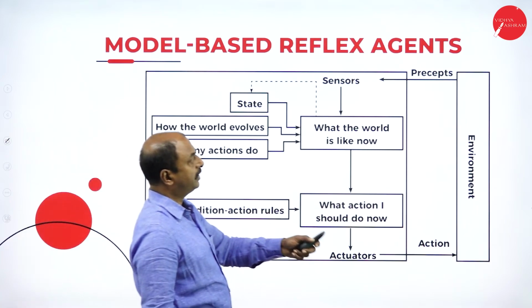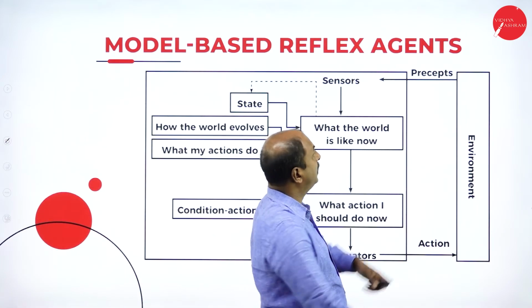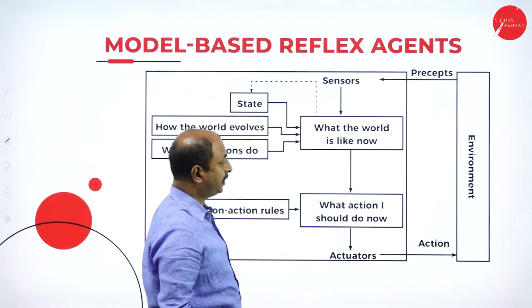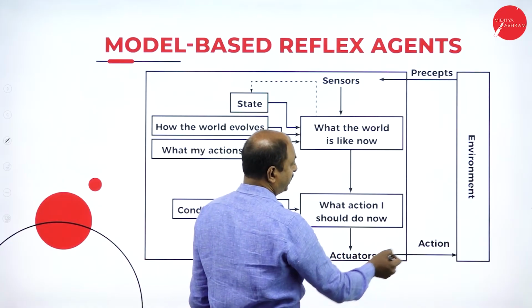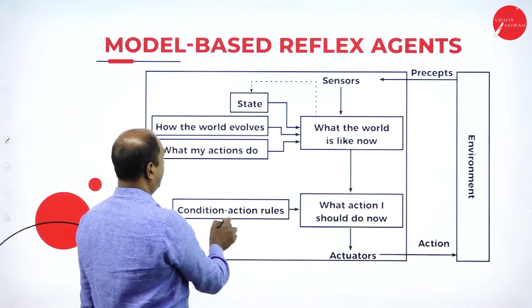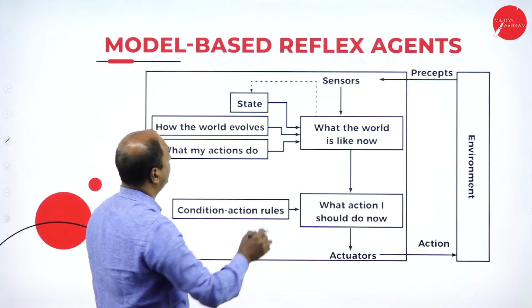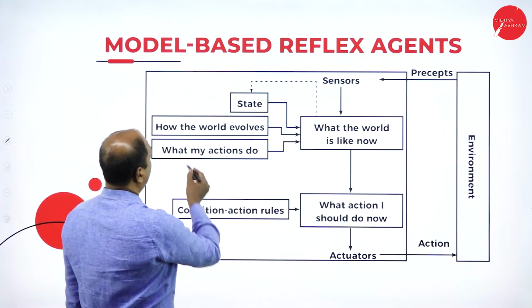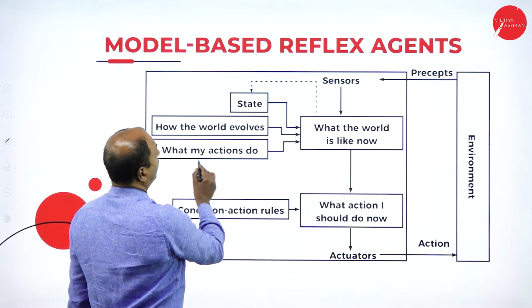Here this is the environment and these are sensors which perceive the input or data from the environment, and actuators, the action to be performed. And apart from condition, you can see that we have different state. The state of the environment, how the world evolves and what my action do.